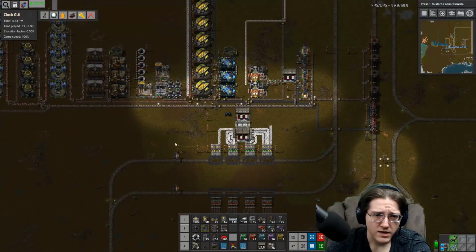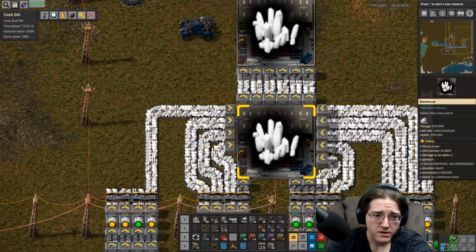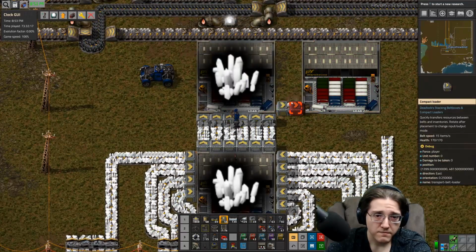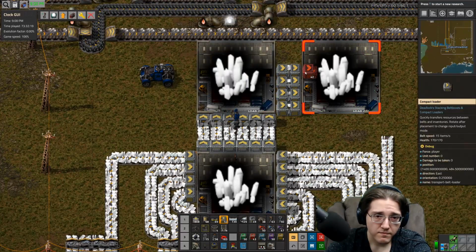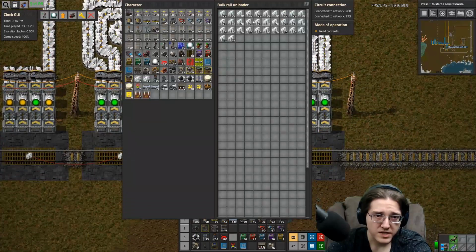I'm not in a logistics network, so this is just gonna take time, just load. Might even need another one next door, just with the amount of stuff.